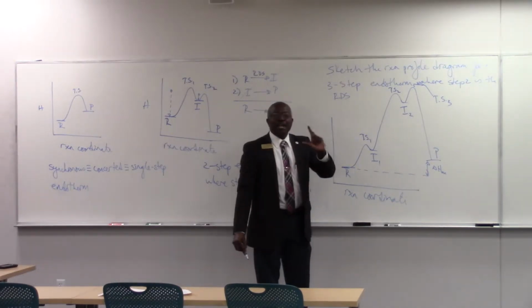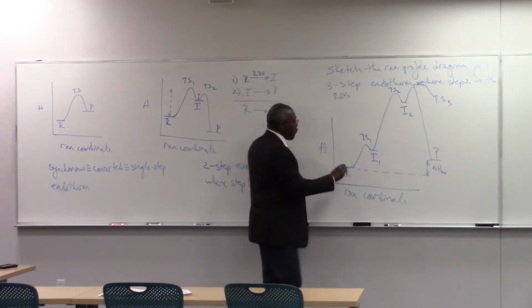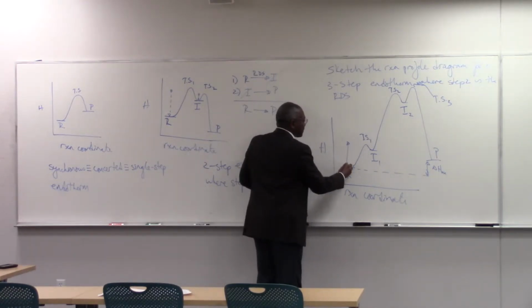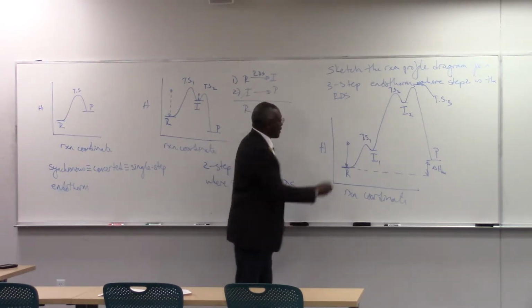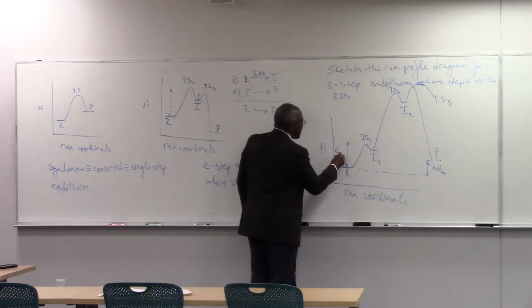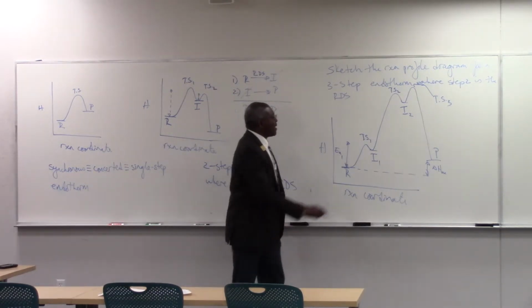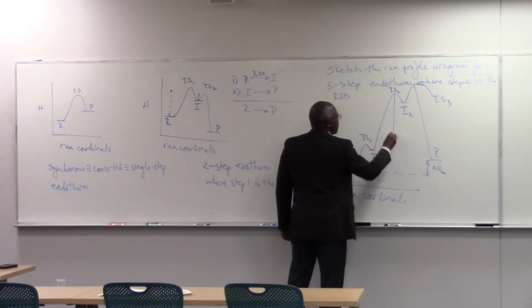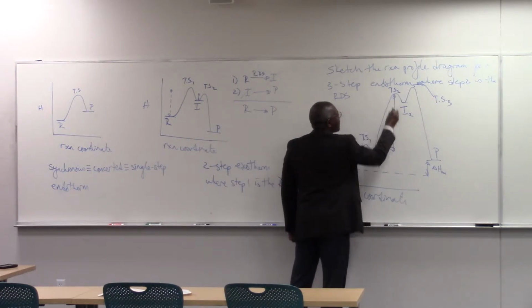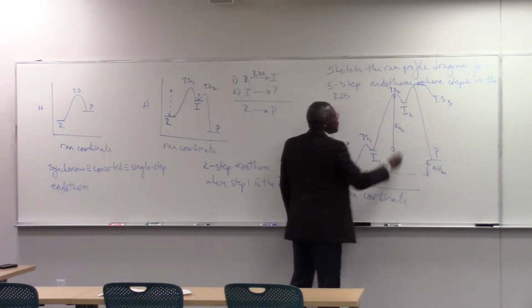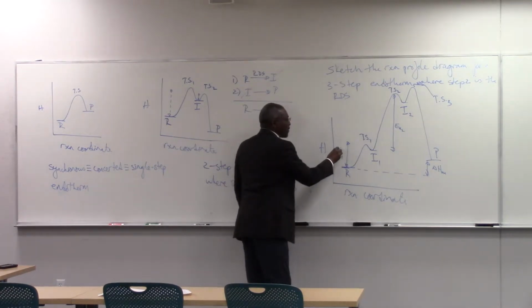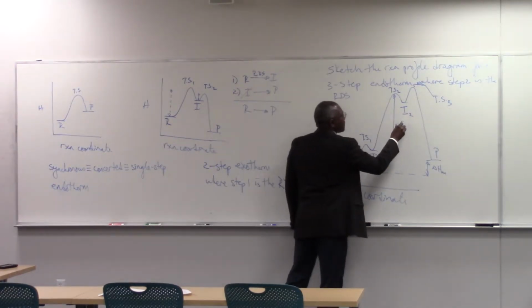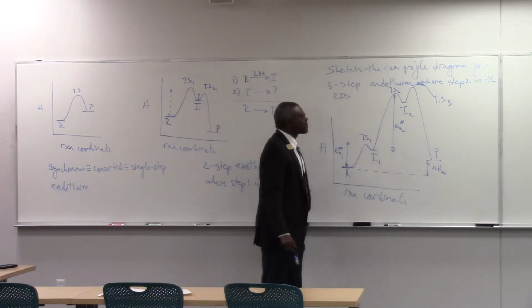So there's 3 steps. That takes care of that. The activation energy barrier for step 1 is this number. It's called an EA1. The barrier for step 2 is that number. It's called an EA2. Usually people put a number sign on it.